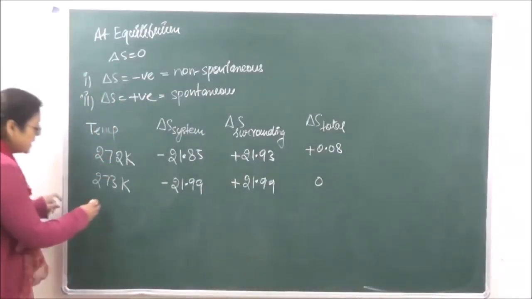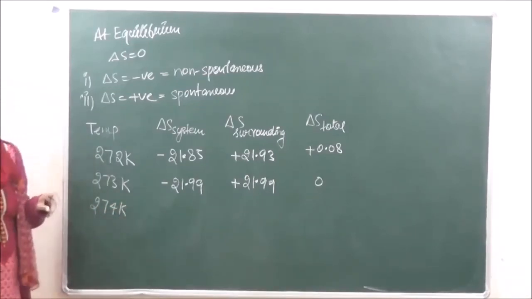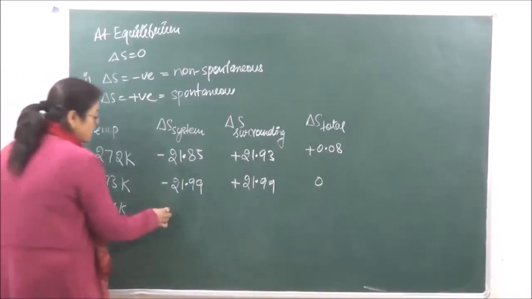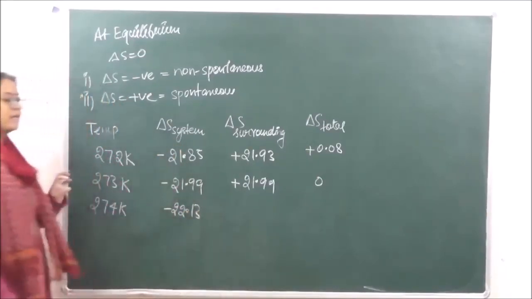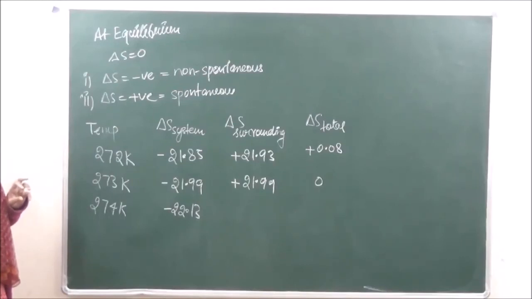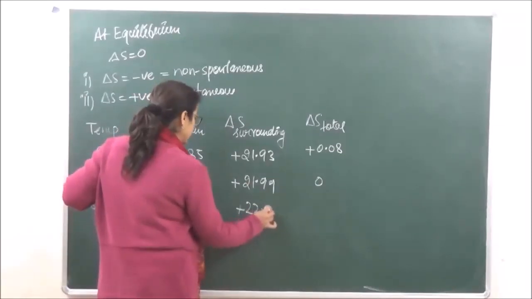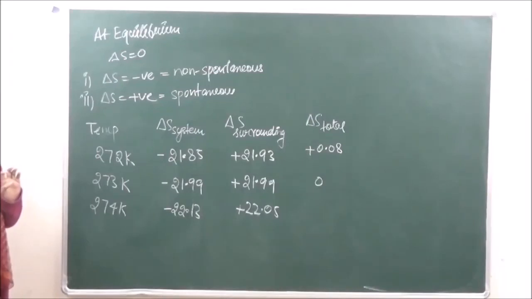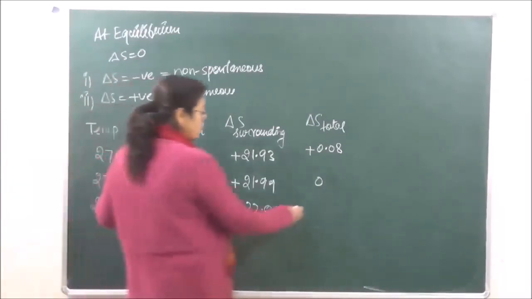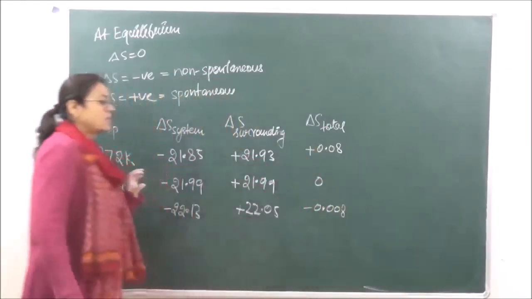Then we increase the temperature further to 274 Kelvin. At 274, the value of delta S of the system is minus 22.13, and of the surroundings plus 22.05. So S total in this case becomes equal to minus 0.08.